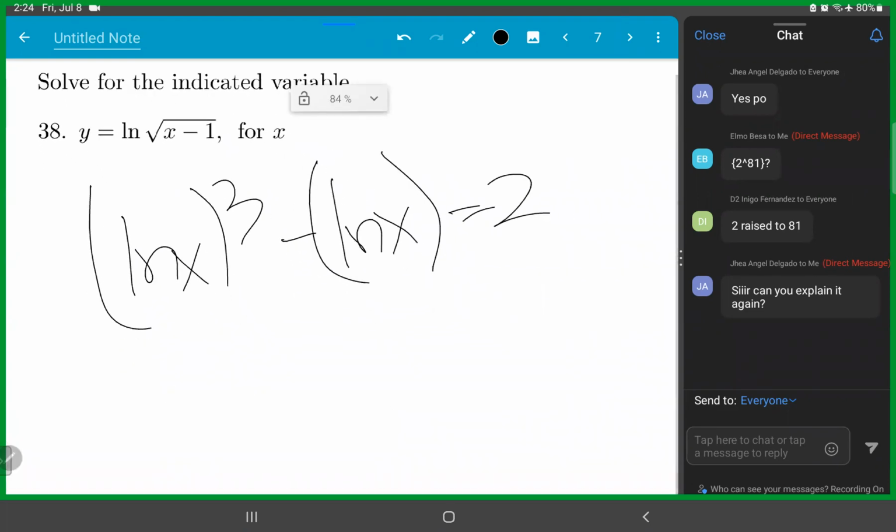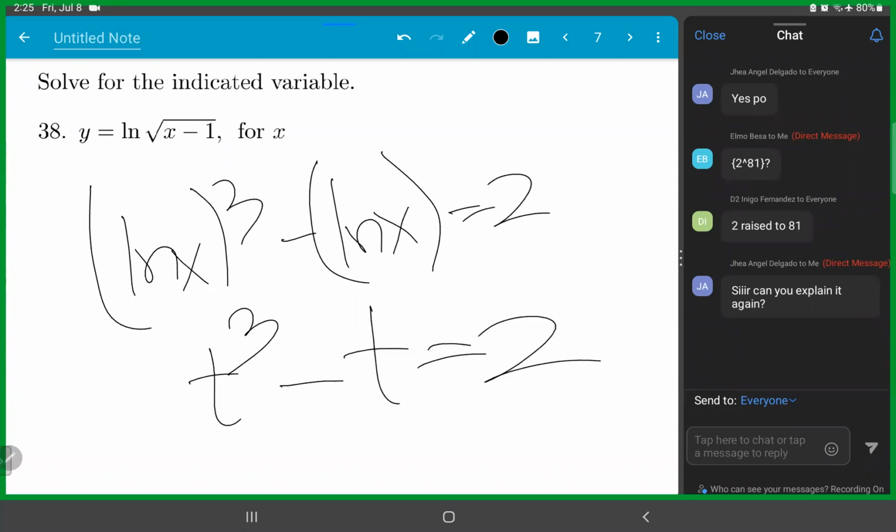Hindi to madaling i-solve kung nakatingin ka kay ln x, kasi bukod sa x, may function ka pa na ina-apply kay x. So, to make this appear less complicated, nagti-T tayo para nakikita natin siya bilang parang algebraic equation lang. And then once na-solve natin si t, gagamitin lang natin yung technique to convert to exponential form.